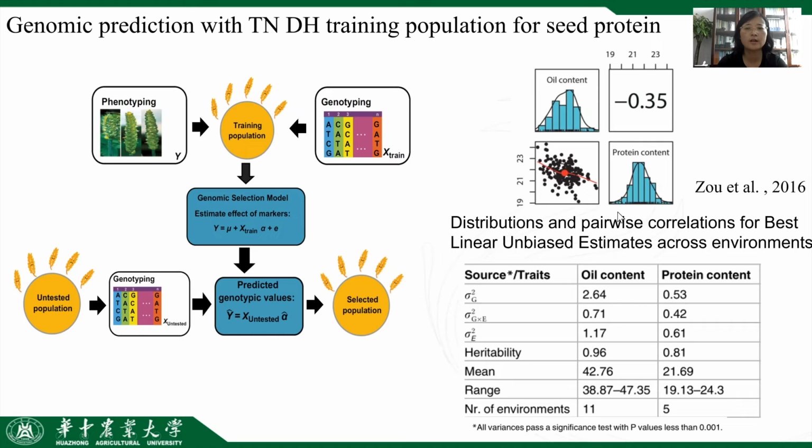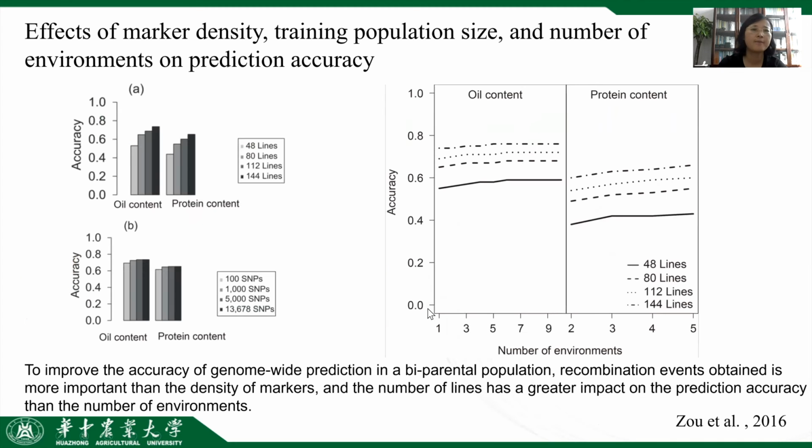There is no doubt there are negative correlations, and this trait presents relatively high heritability. So it is also suitable for the genomic prediction in the next step, and the data are of high quality.